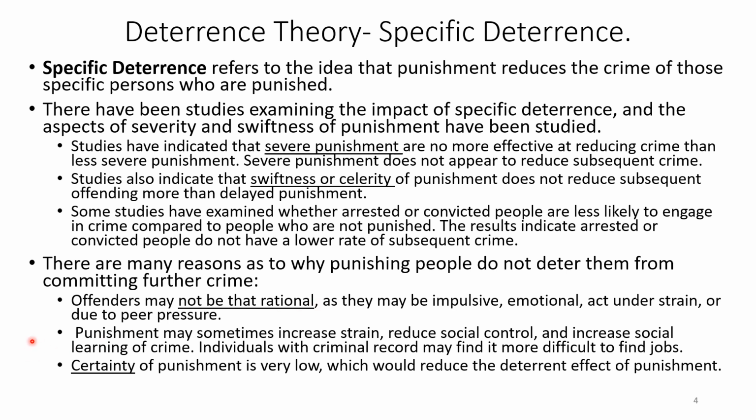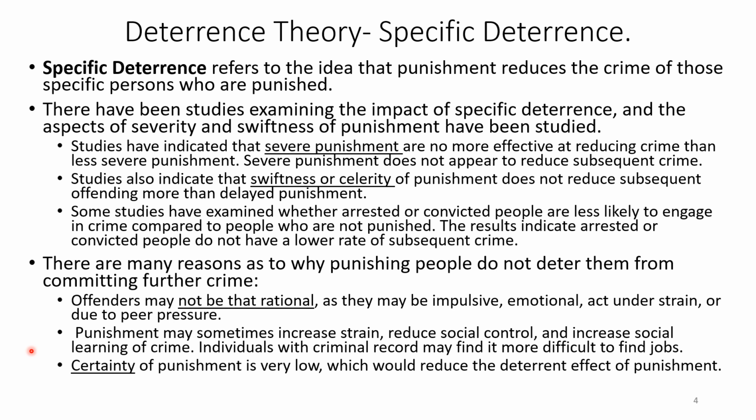Another reason why punishments may not impact criminal acts in the future, and on the contrary may increase propensity to crime in a person, is the increased strain on a person who has been punished. The strain could be due to social ostracism, labeling, and greater difficulty finding stable jobs if one has a criminal record.